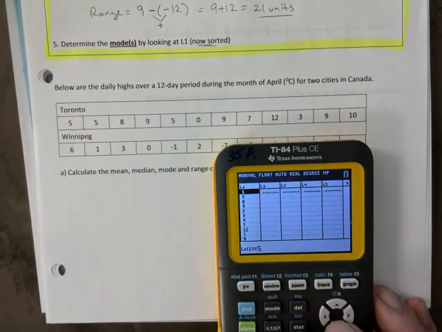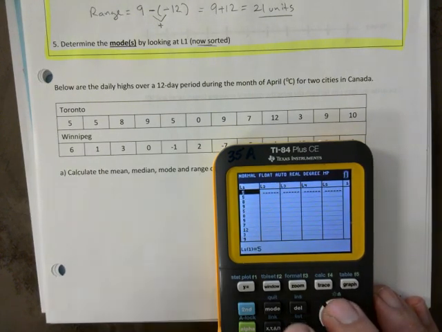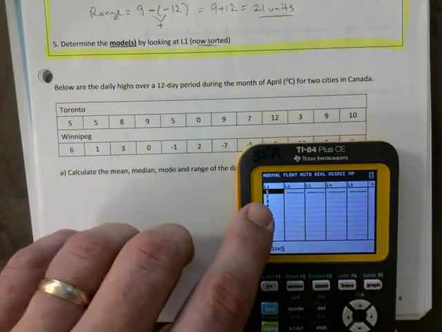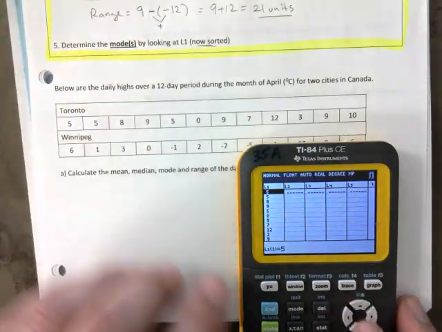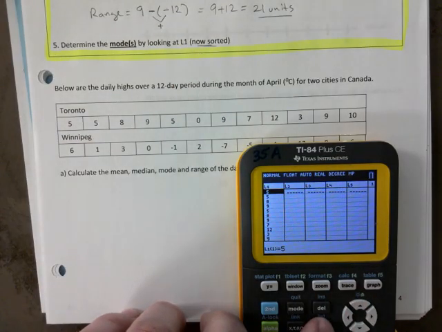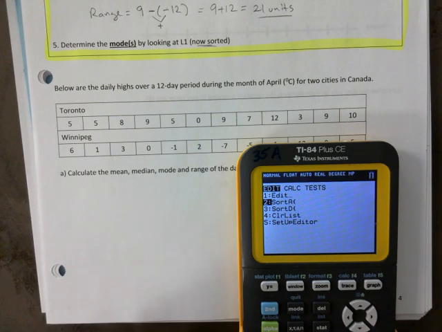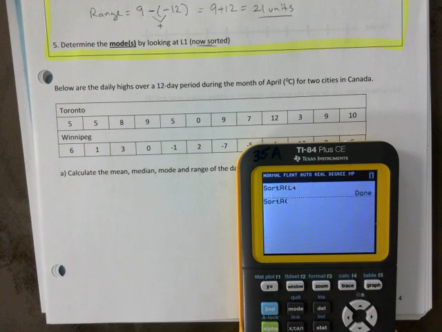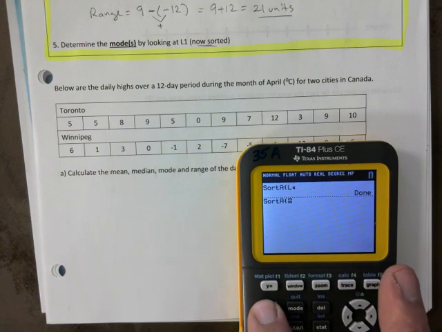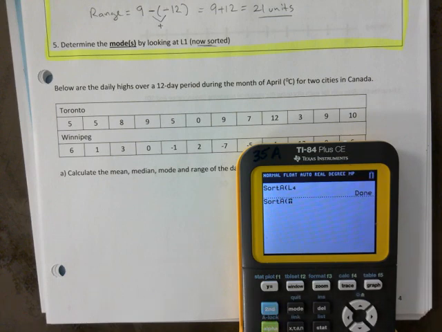Okay, so I check, and we can do that later. So I have this in L1 now. What is the second step? I'm asking you to go stat and go down. Instead of edit, you go sort A, sort in ascending order. Hit enter. Go second 1.